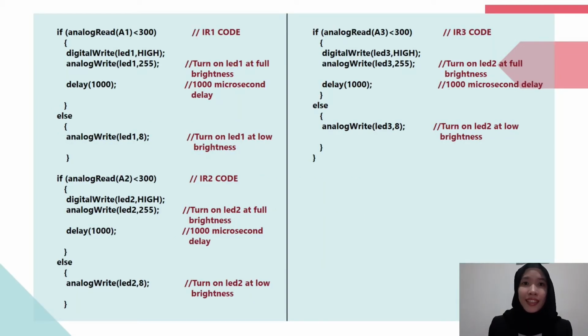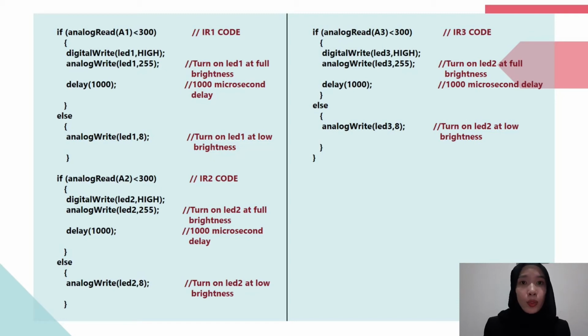Next, in this if statement, we use another 3 if statements for each IR sensor, which is IR1, IR2, and IR3. So the first if statement for IR1 is: if the value of the IR1 sensor is less than 300, it will enter the if loop.